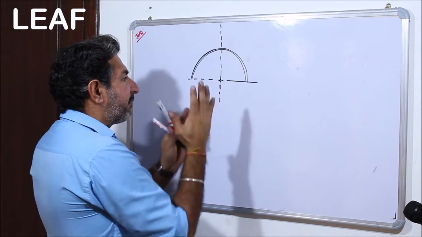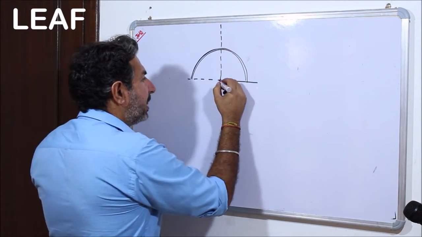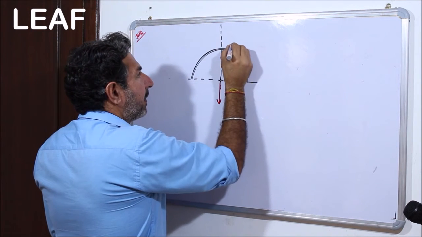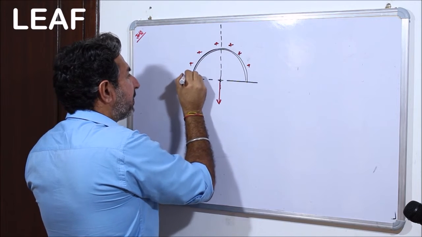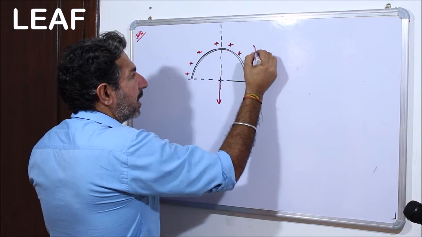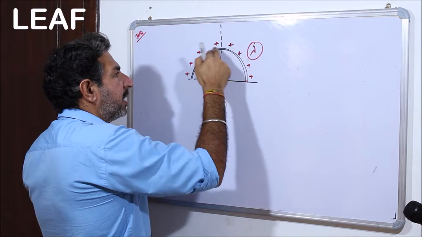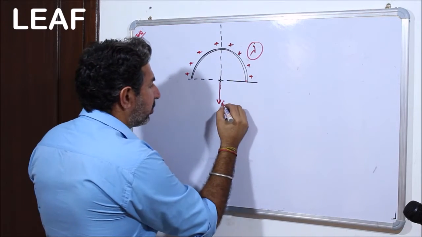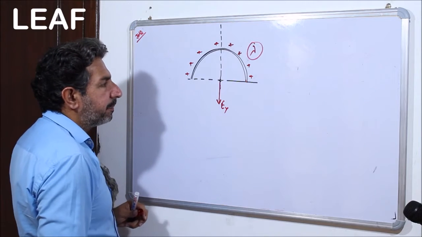Means the resultant electric field 100% will be somewhat like this, if this is a positively charged linear conductor with linear charge density lambda. This is going to be the net electric field, right?